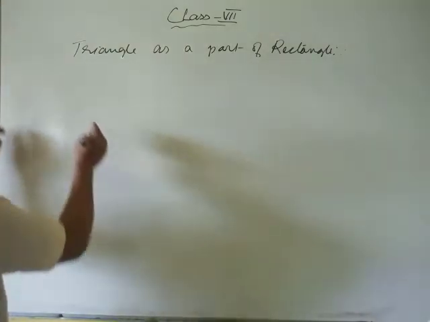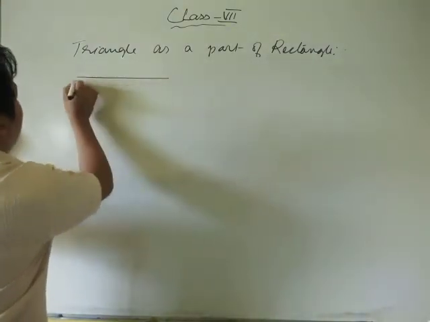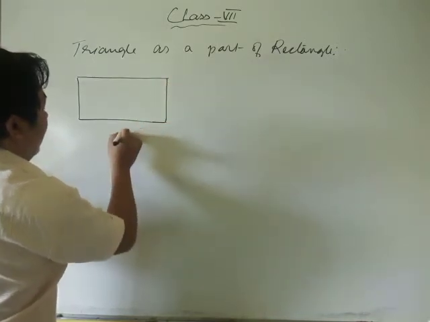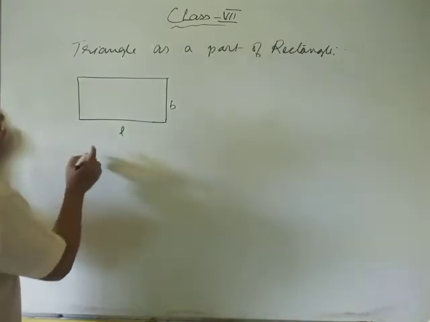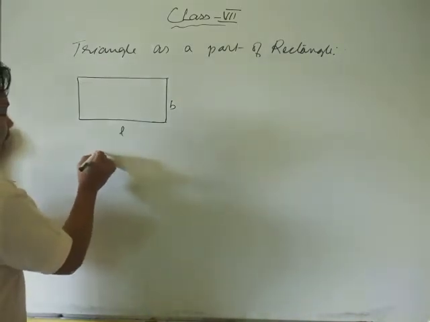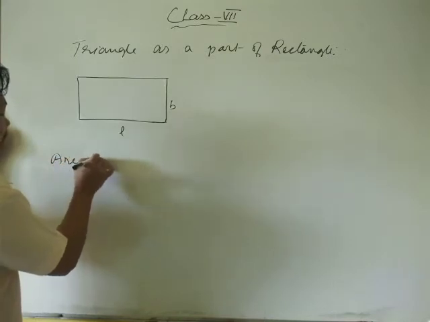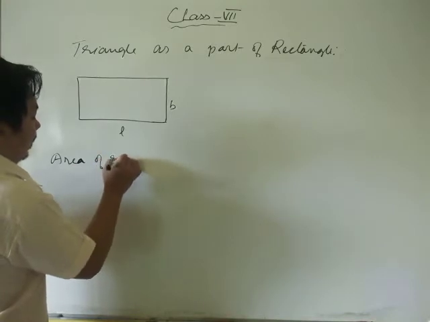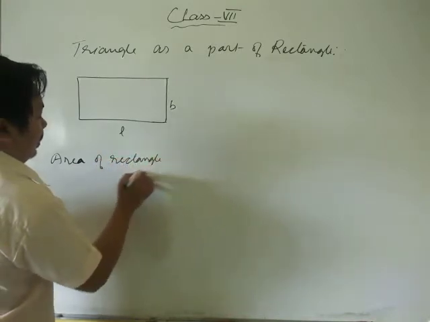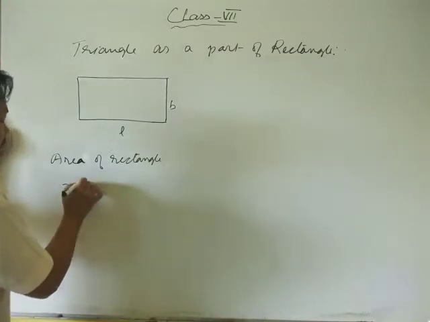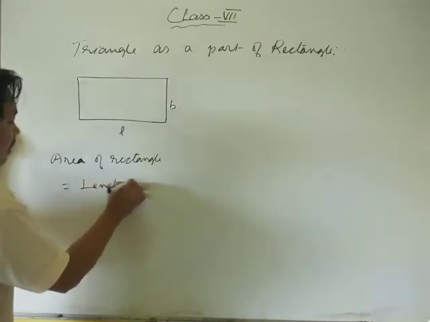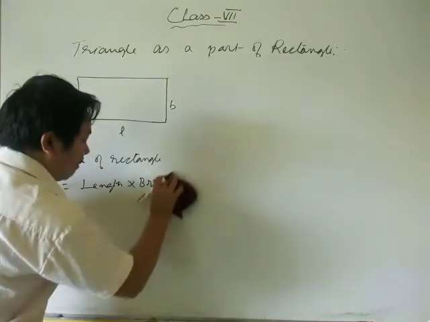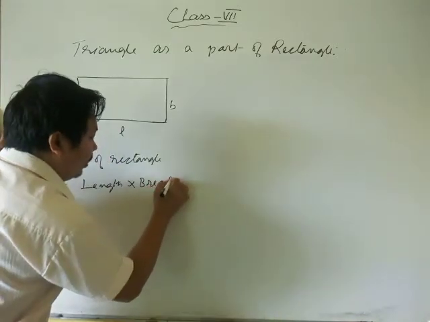Let us draw one rectangle here, like this. I will show you this is the length and this is the breadth here, isn't it? And then area of rectangle is equal to length into breadth, isn't it?